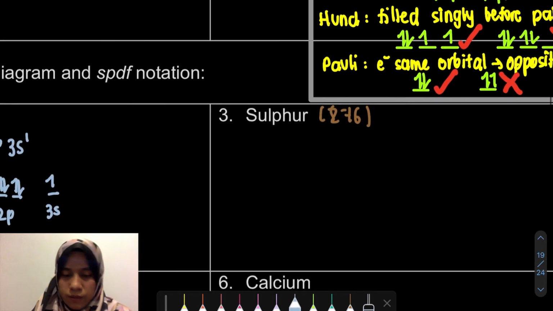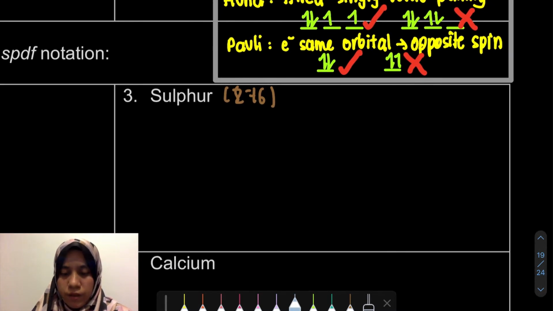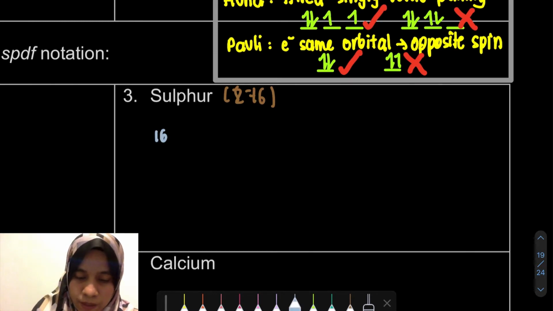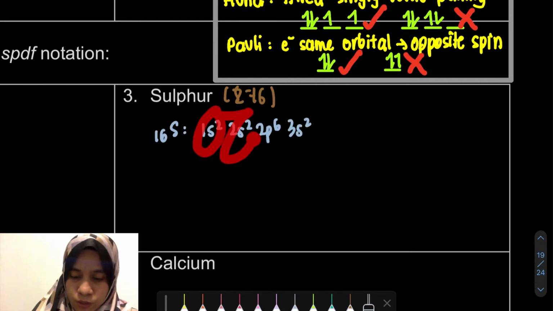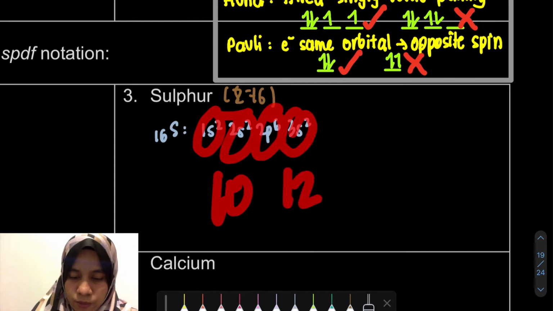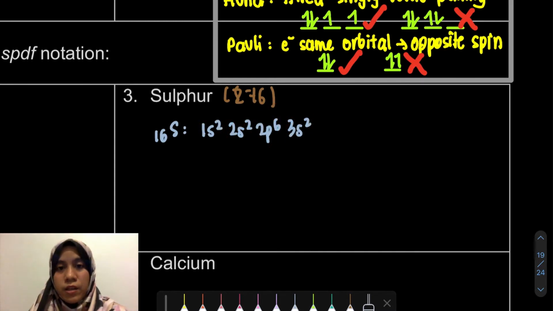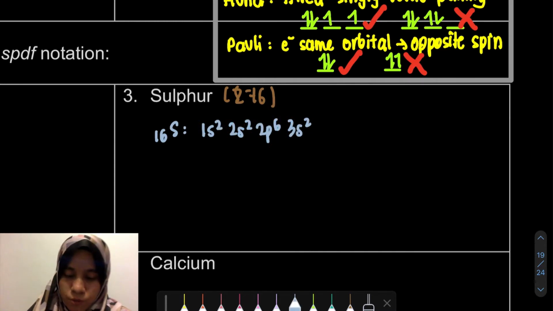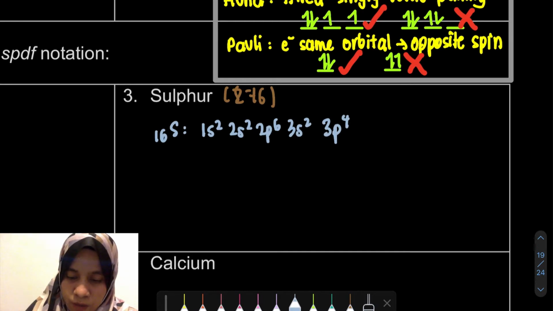Next is sulfur. Sulfur is 16. So we write 16 sulfur: 1s2, 2s2, 2p6, 3s2. Here so far 2, 4, 6 makes 10, so here 12. We need another 4 electrons, so 3p4.